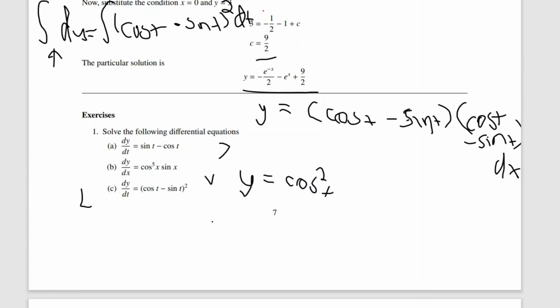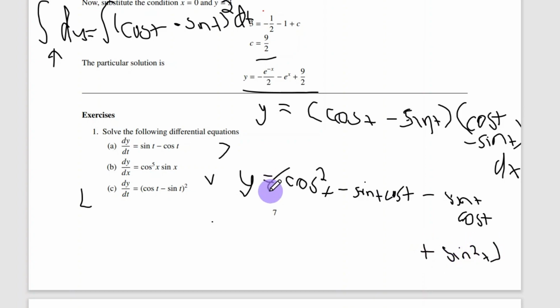This multiplied by this, it will be minus sin t cos t, right? This multiplied by this, it will also be minus sin t cos t, right? So this multiplied by this, it will be positive sin square t, right? So we just have to get the brackets and write dt.